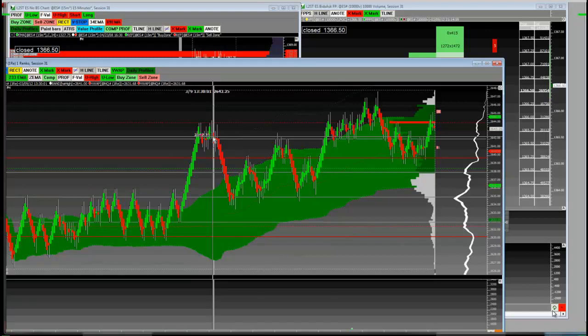But since the increased volatility, especially in August, we had to start adapting and understanding that the market has a tendency to trend intraday but still stay balanced from a longer time frame perspective. So you have to understand the market conditions do change, but the concepts still remain the same.